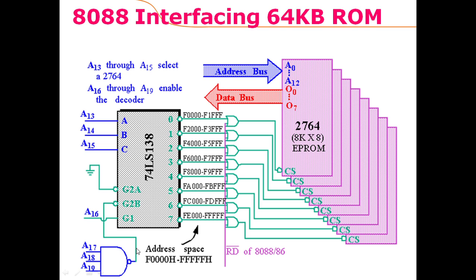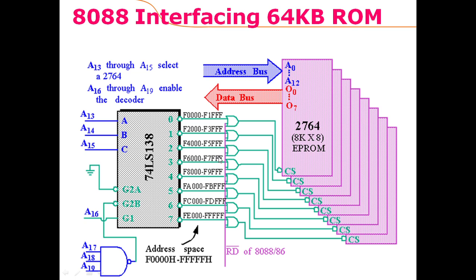So to enable this decoder, A16, A17, A18, A19 must always be 1. The value of the three select lines should change, so that for all zeros we would get 0 at this first output, for 001 we would get 0 at this output, and so on. For these three inputs there are a total of 8 possible input values, and for every value we would get one of the 8 outputs as 0, and all of the rest would be 1.